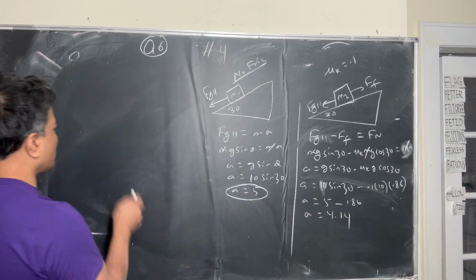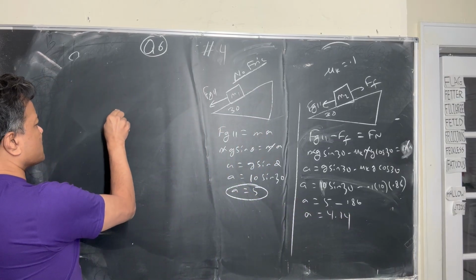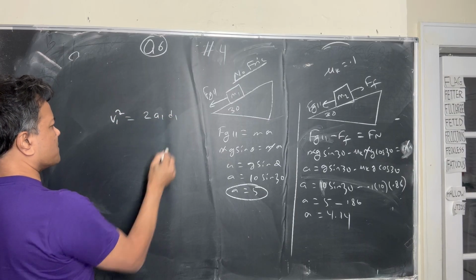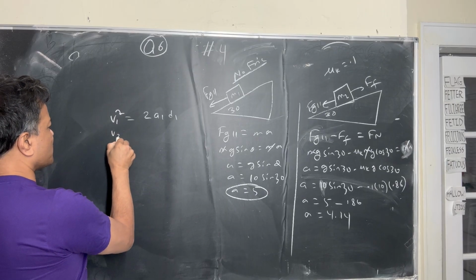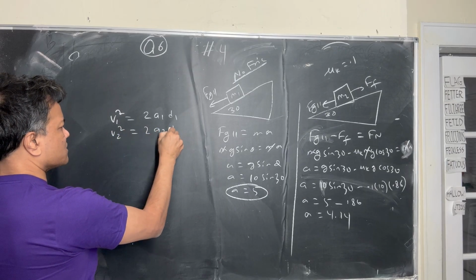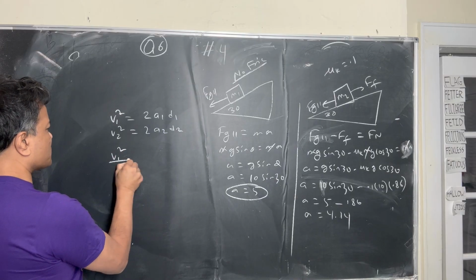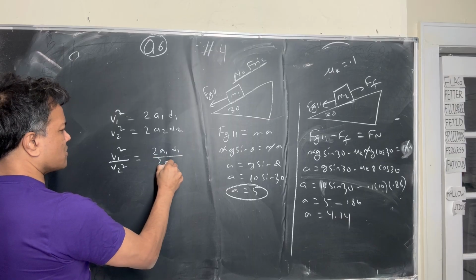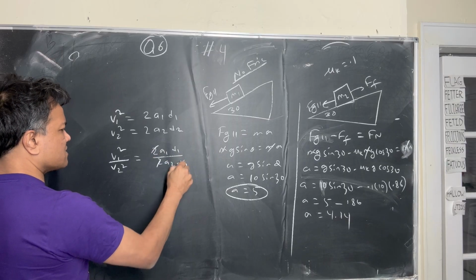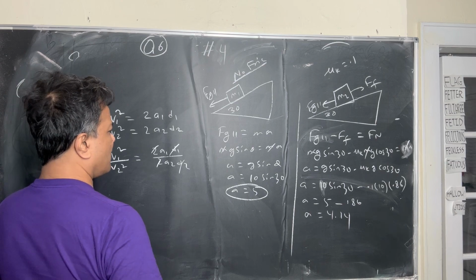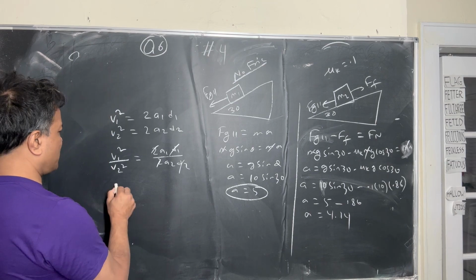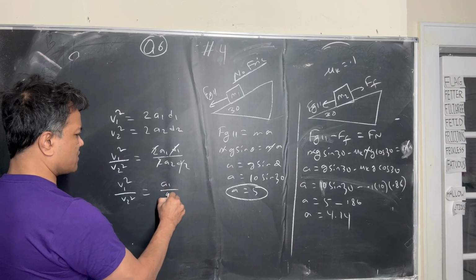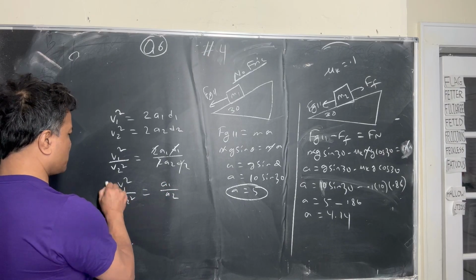Okay, so now v1 squared is 2a1d1. And v2 squared is 2a2d2. So you're going to say v1 squared over v2 squared is equal to 2a1d1 over 2a2d2. 2 cancels, d cancels. And then v1 squared over v2 squared is equal to a1 over a2. So you're going to square root both sides.